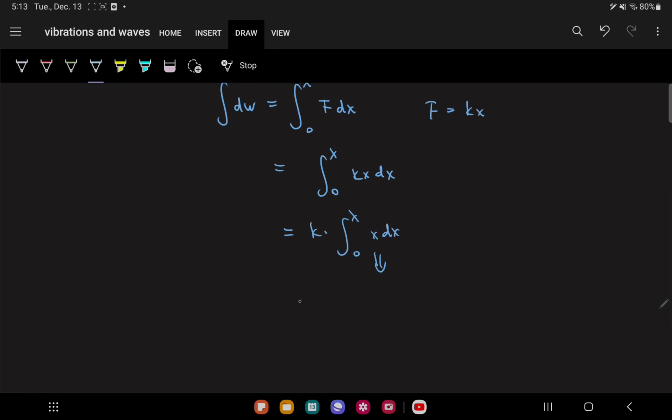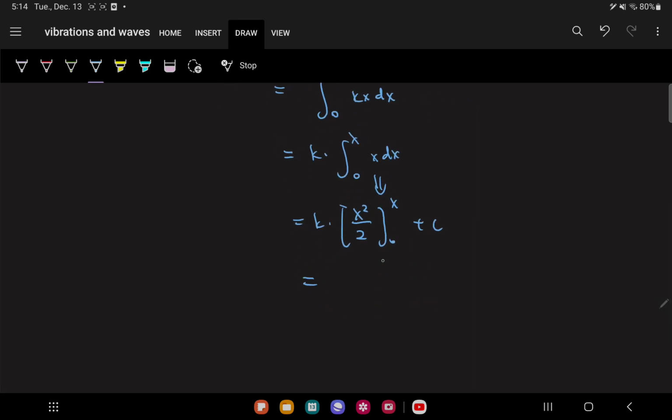And for this inside part, let's write this again. If you know the reverse power rule for integration, if you integrate this, you'll get x to the power of 2 over 2, and then we integrate from 0 to x, plus C, of course.